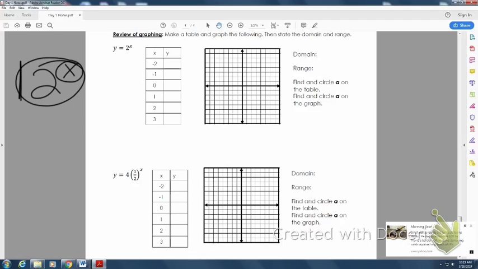Anything to the power of 0 is 1, which there's my a value. And we'll connect that to the graph here in just a second. 2 to the power of 1 is 2. 2 squared. 2 cubed. And then whenever all those exponents are now negative, that's just going to end up giving you a fraction. The a value on your table is always going to be that y-intercept. Okay, that's where you're going to find the a value from the table.